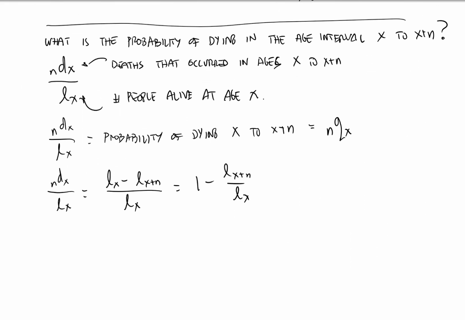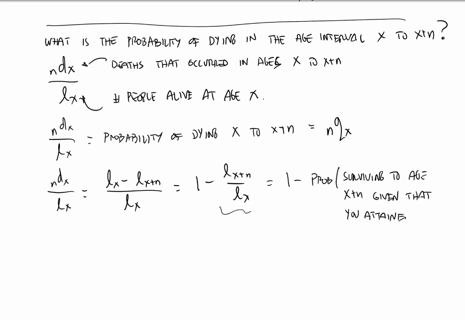So the probability of dying is 1 minus this piece. This piece must be 1 minus the probability of surviving to age x plus n, given that you reached age x.